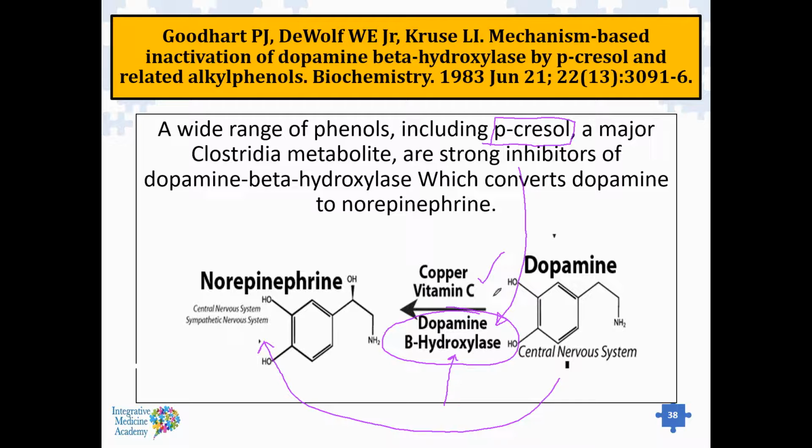The main reason ascorbic acid is on the OAT is to pick up on elevated levels. Is there some kind of genetic variant in dopamine beta hydroxylase that could be affecting the overall function? Well, that's possible, but that would have to be tested for separately as well. In most cases, the dopamine beta hydroxylase is being inhibited by Clostridia.